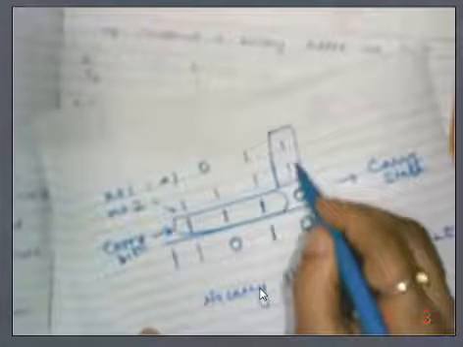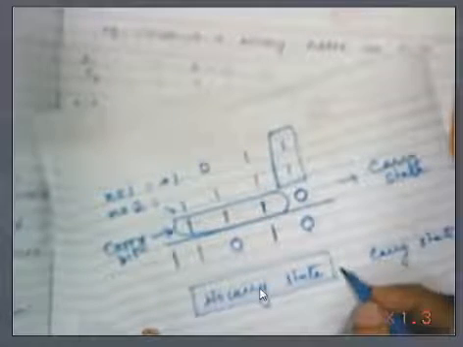Okay, so initially when I'm adding the least significant bit, that time my machine will be in a no carry state because 0 is added, nothing is there. So initially my machine will be in no carry state and it is going to switch to the carry state as applicable. Is it clear?